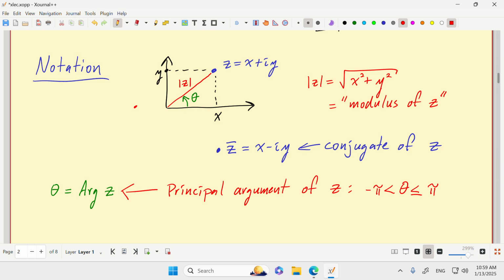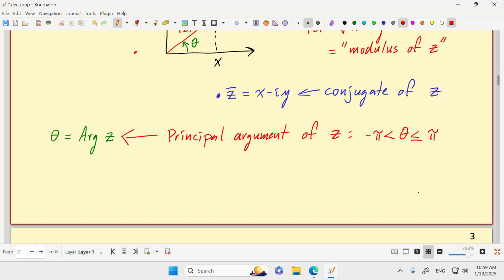I'll say more about arguments in a minute. There's a whole bunch of easy facts that I could bore you to death by checking. But I won't. For example, the complex conjugate of a product is the product of the complex conjugates.